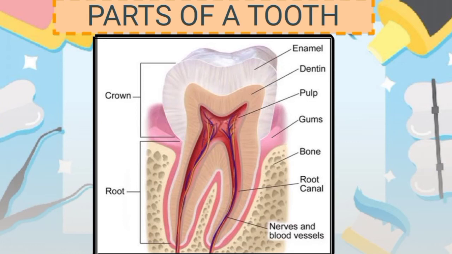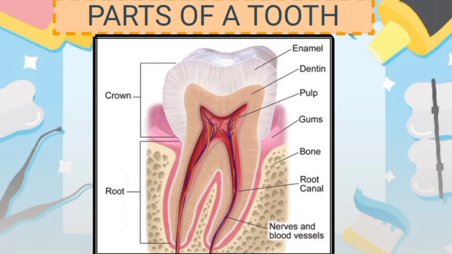Gums hold the teeth in their places. The white part on the outside of a tooth is called enamel, and it is the hardest substance in the human body. Below the enamel lies the hard dentine.